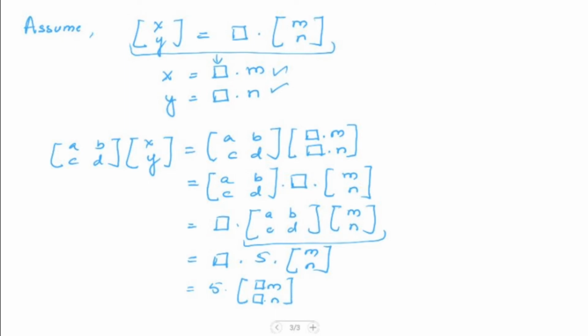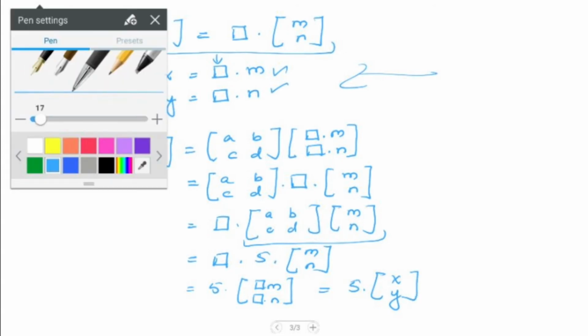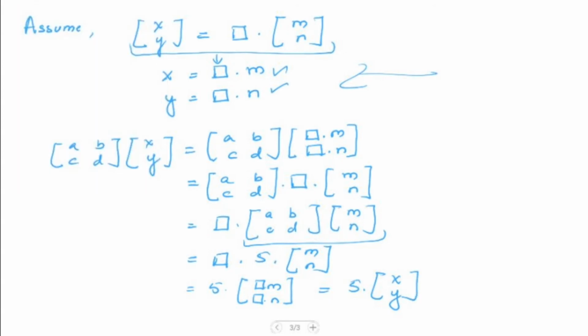So according to this definition here that we have seen, we can write this as 5 times real number m can be replaced by x and real number times n can be replaced by y. Okay, now if you look into this one here, what does this mean?